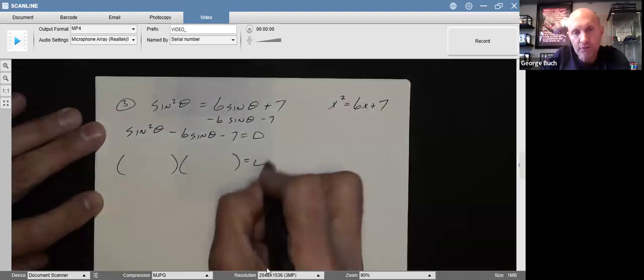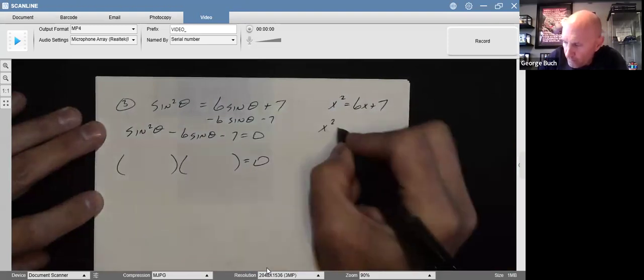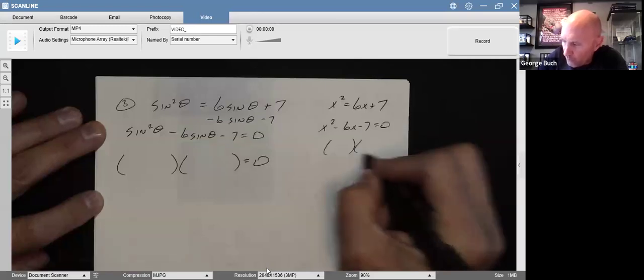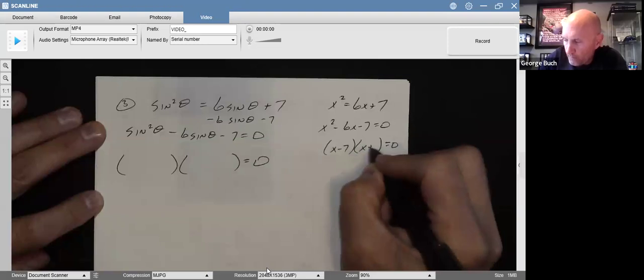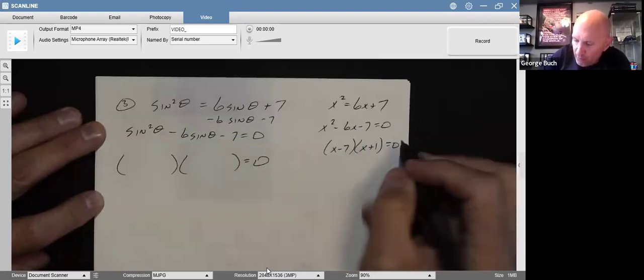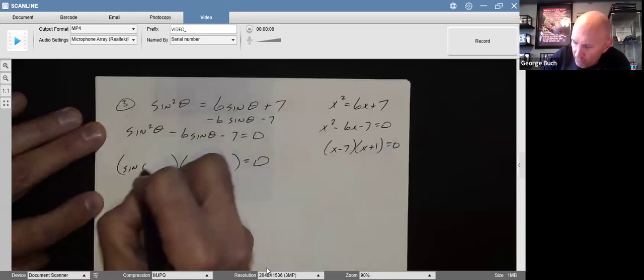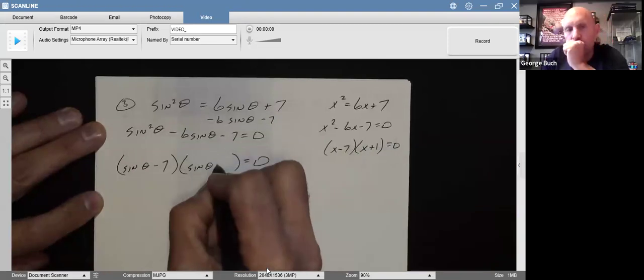And now I can factor this. And again, if you want to work with x's instead, if you factor this, we get what? x minus 7, x plus 1. So it's the same idea here, it's just sine. So sine of theta minus 7, sine of theta plus 1.